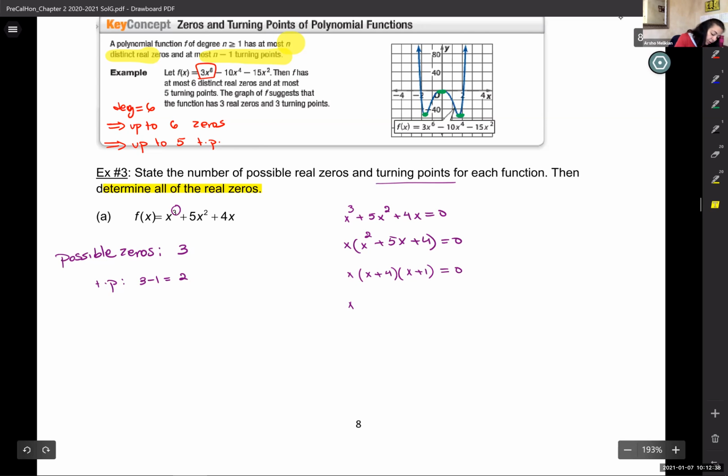So my zeros are 0, -4, -1. Okay. Do we need to write them separately, or can we just write x equals and separate with commas? You can do commas, yes.